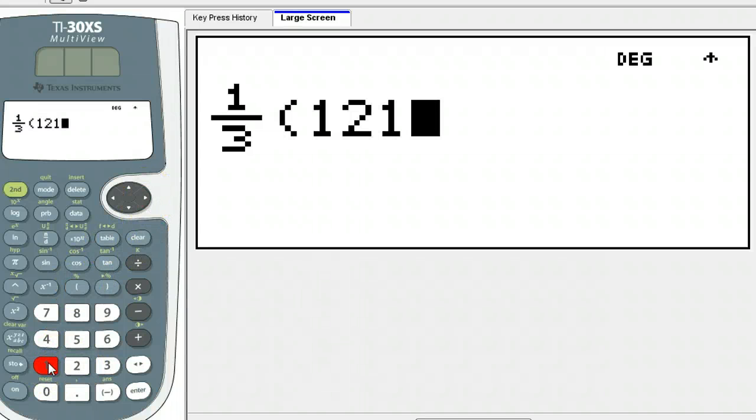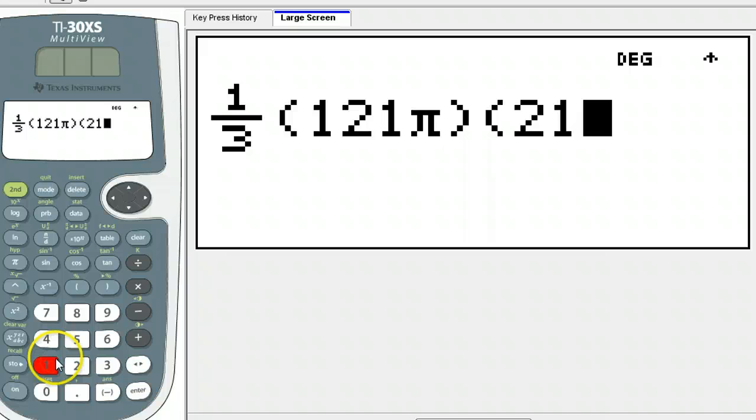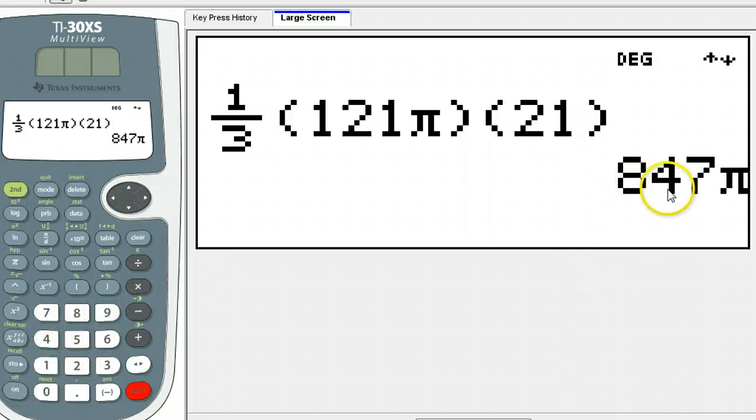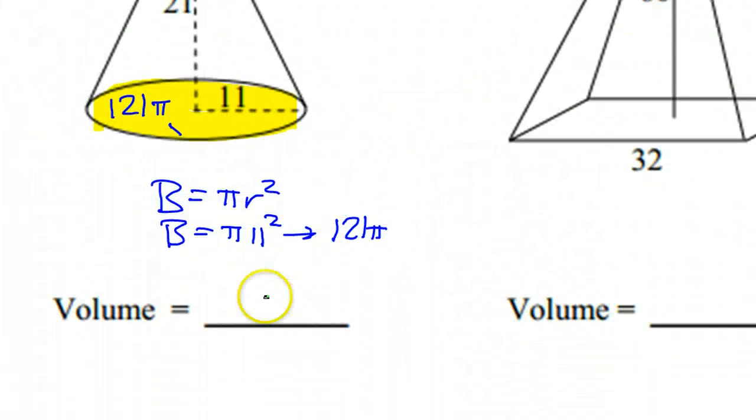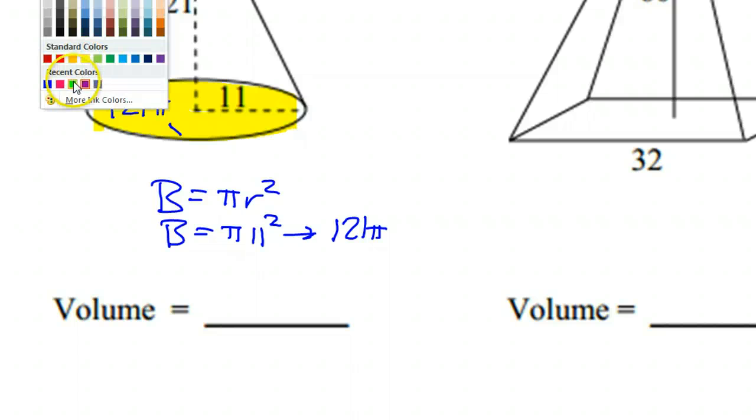Okay, that is 847 pi. That's the exact answer.